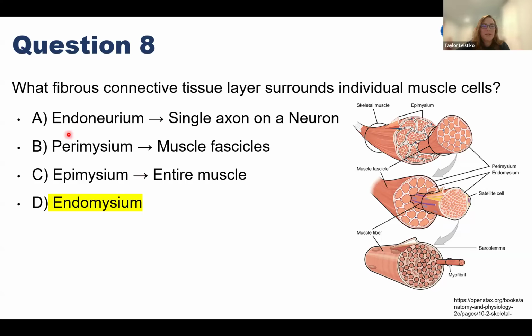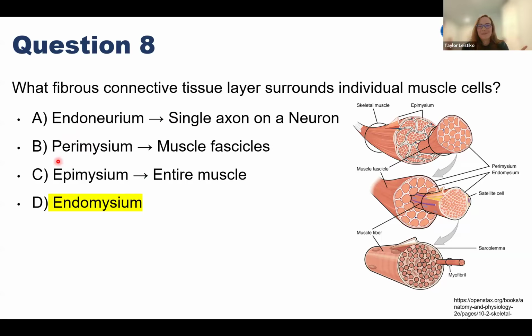So endo is innermost, or I think technically it means within, but for me I just think innermost. And then peri means around. For some reason, when I think of peri, it's around the fascicle. So I think about a merry-go-round.